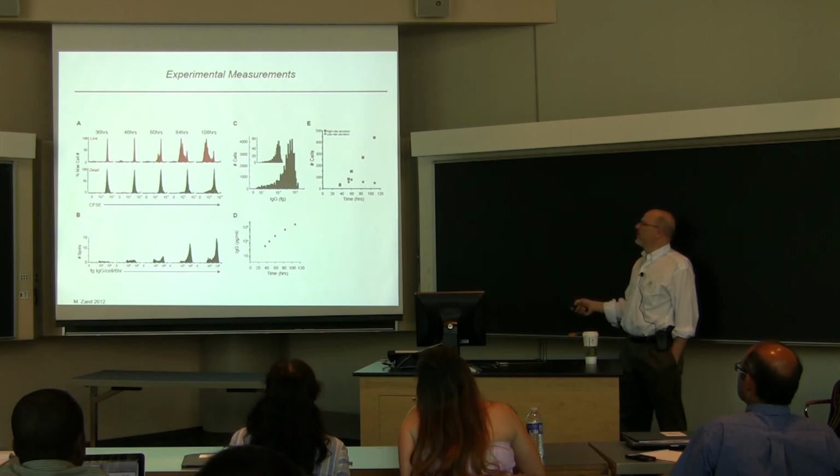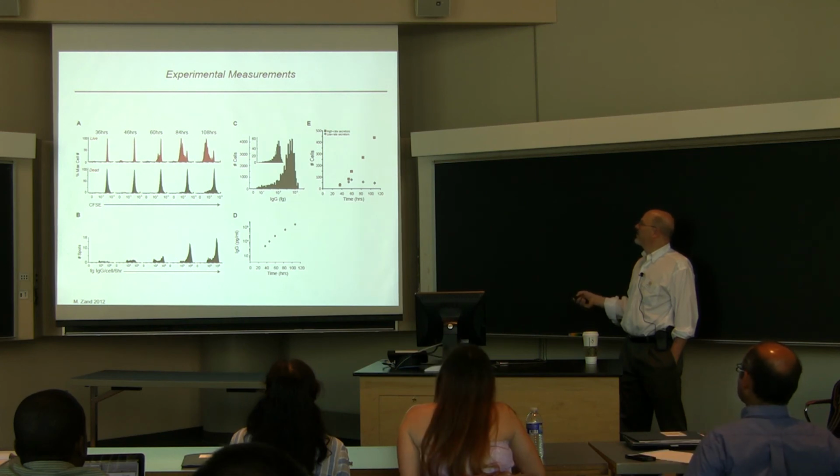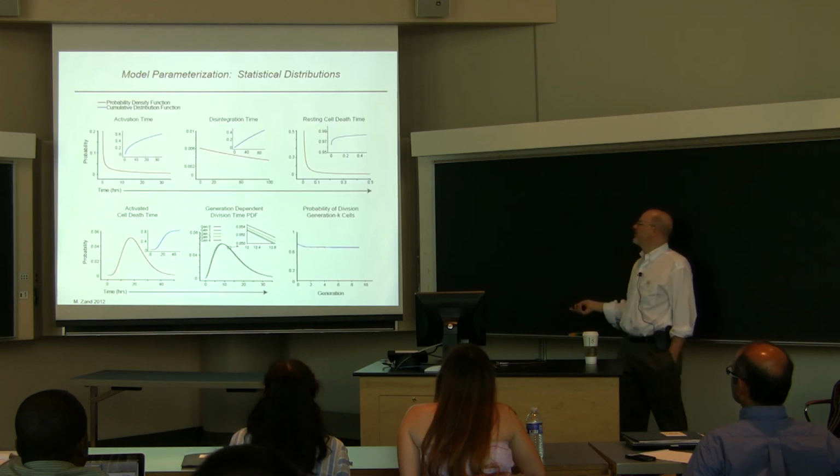So here's some of the experimental data we started out with. Here is antibody secretion rates. This is the amount of antibody secreted by a single cell over a 6-hour period as a distribution, and this is number of cells. So these are the things that we could measure in that particular model. These are the model parameters. Note that they're not one value.